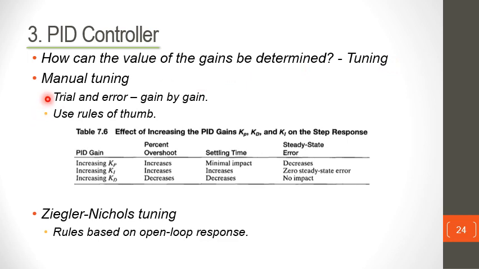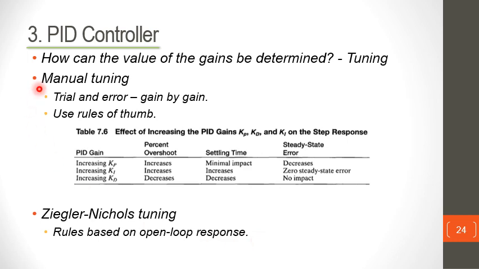The Ziegler-Nichols tuning is a rule-based tuning which uses the open loop response. There are many variations which we shall not get into in this course, available in the reference text for those who would want to explore them.